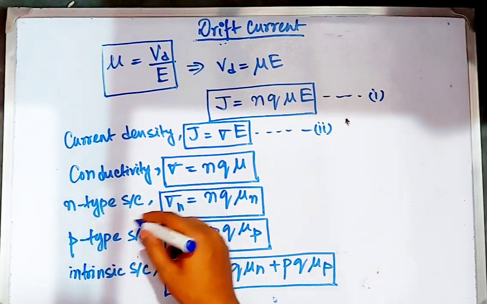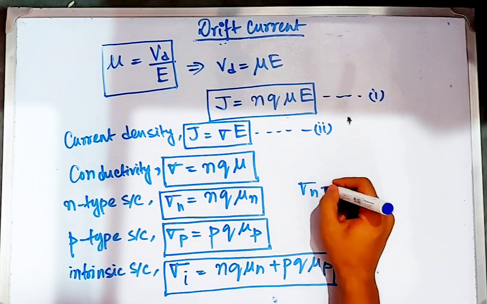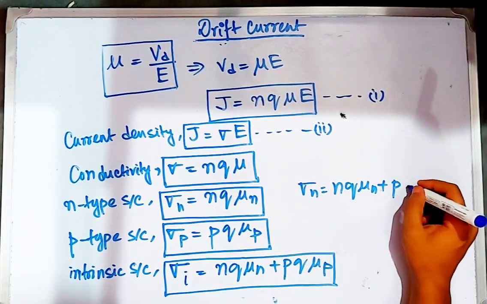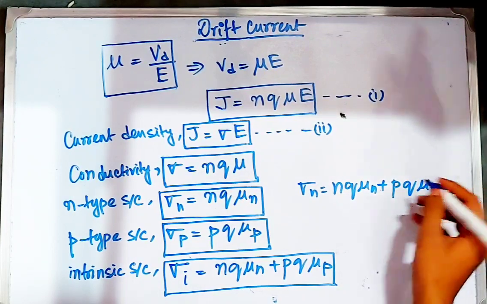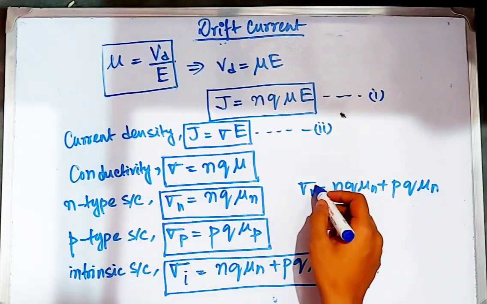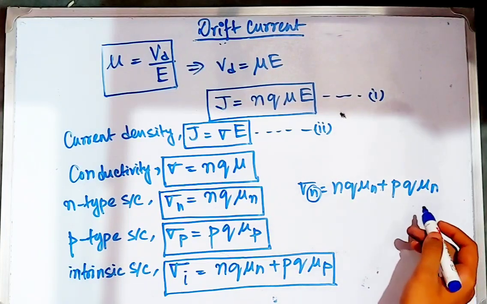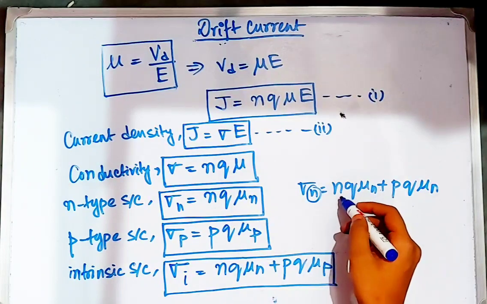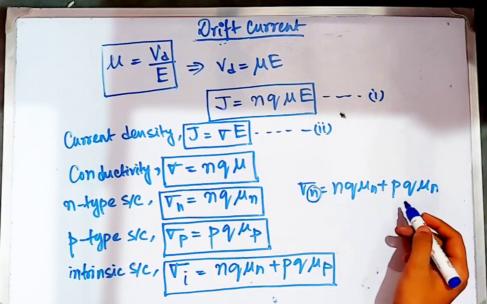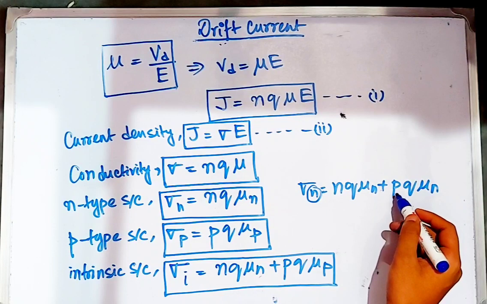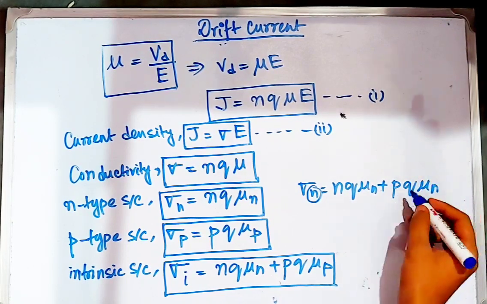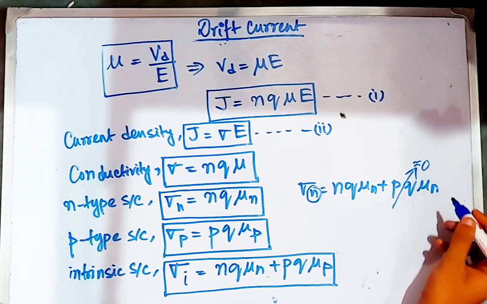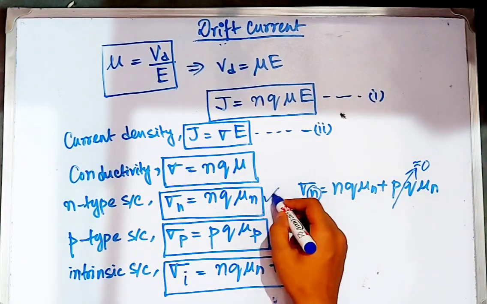Whereas in case of N-type semiconductor also, the formula is same, but as we are considering the N-type material, the density of electrons within the semiconductor is high, and the density of holes is very low. So that is why we are neglecting this part, and only writing this.